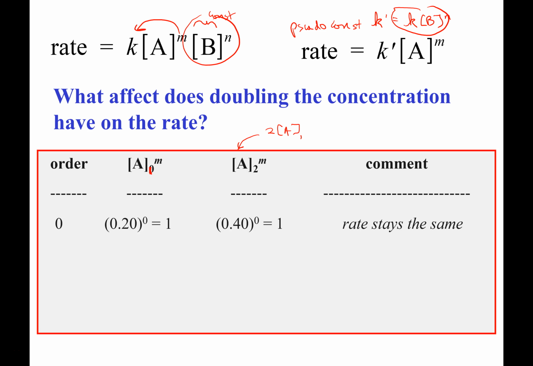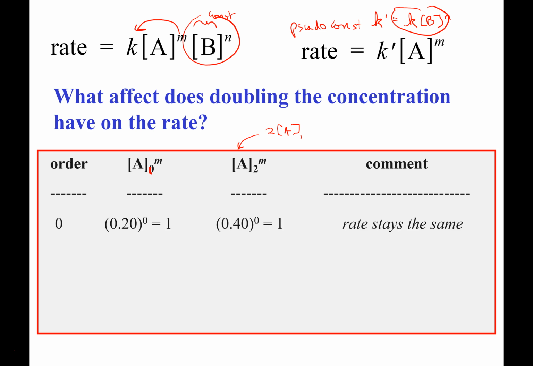Now, if our reaction order is 0, then raising the molar concentration of A in the first trial, which is 0.2, to the 0th power, I get 1. The second trial, it's now 0.4, raised to the 0th power, I also get 1. This is an example where your rate, like we said before, is going to stay the same. The reaction order of A is 0. We can double, triple, or quadruple it, and your rate's not going to change if it's zero order.